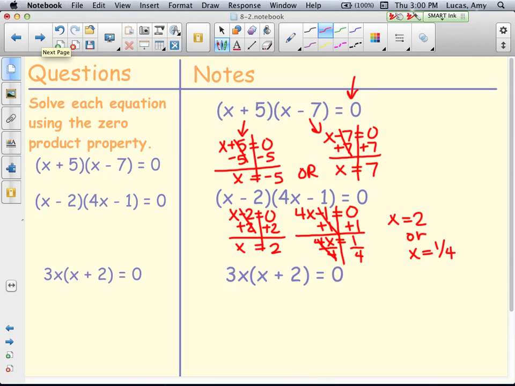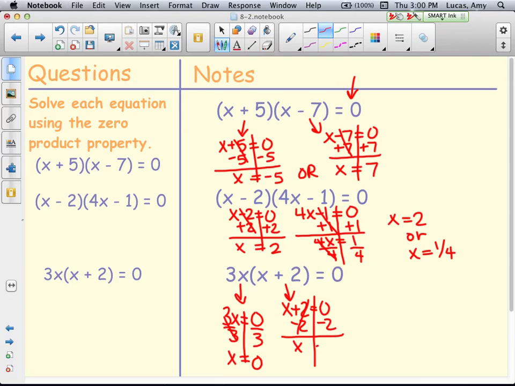And then on the last one, if I set this equal to 0, 3x equals 0, well, 0 divided by 3 is 0. Or the other one, set it equal to 0, subtract 2, x equals -2. So, on each one of these, I can put my or in.